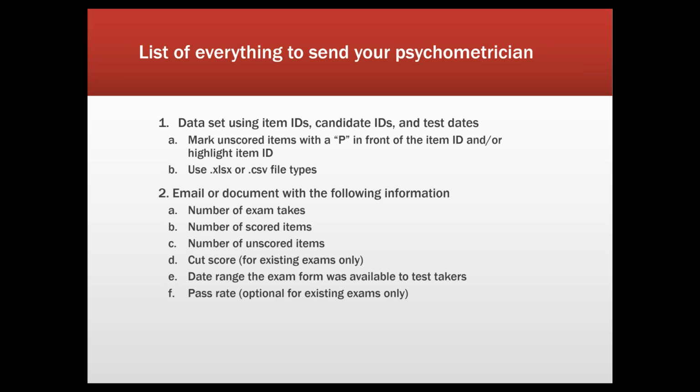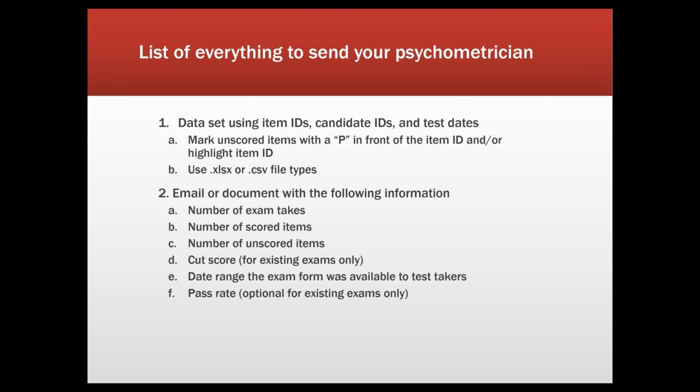So first of all, most important, what this webinar is mostly about, is we need the data set. We need you using item IDs, candidate IDs, test dates. We need you to mark the unscored items in the data set. There's 2 ways that I suggest doing it. I actually suggest using both methodologies at the same time, which is you can put a P, which stands for pretest, in front of the item ID, or you can simply highlight that cell in Excel.